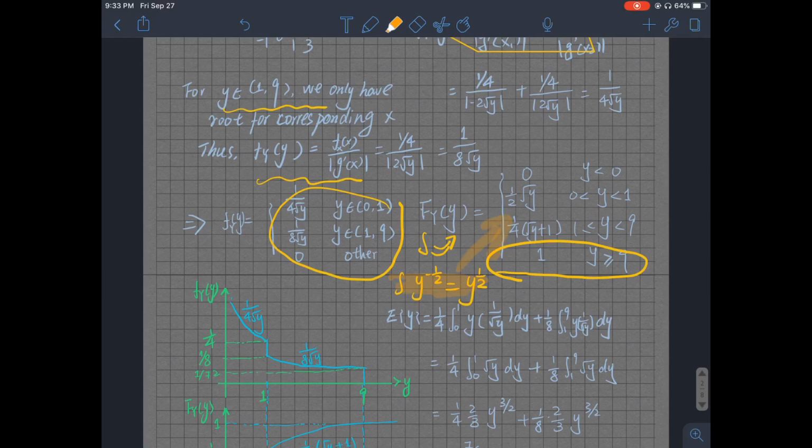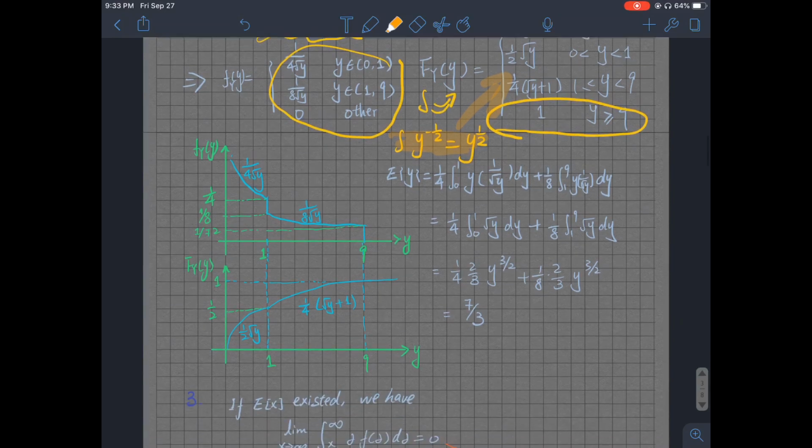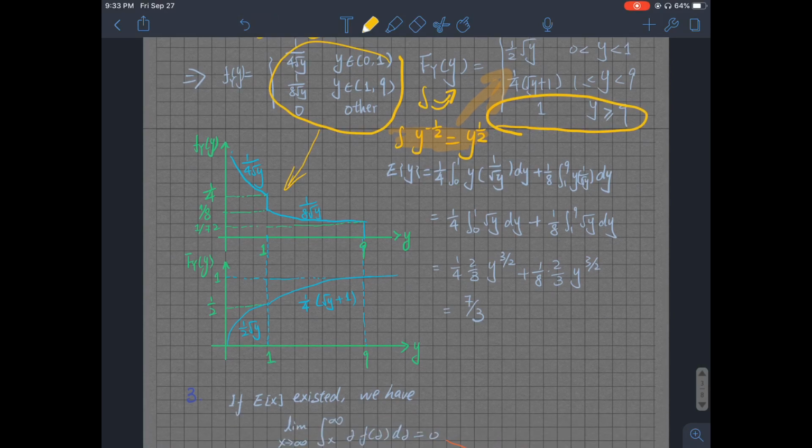This is simply the accumulation, simple math. And then once we have the equation here, we can draw the plot. From 0 to 1, we have this. And from 1 to 9, we have this. And the other parts are just 0.